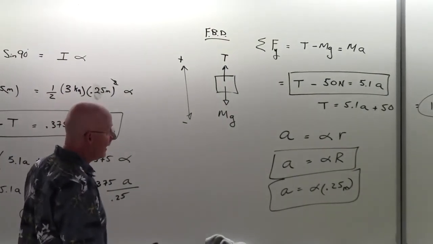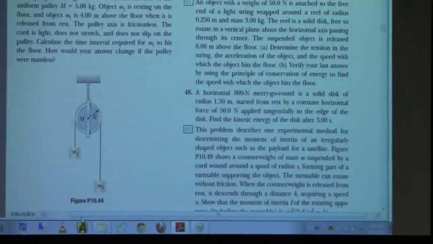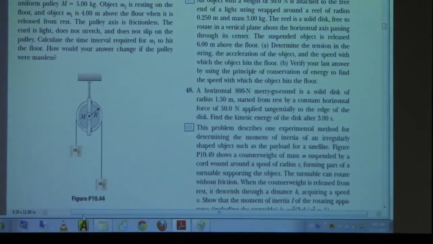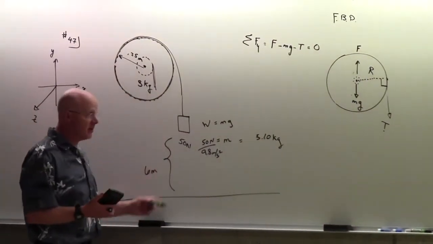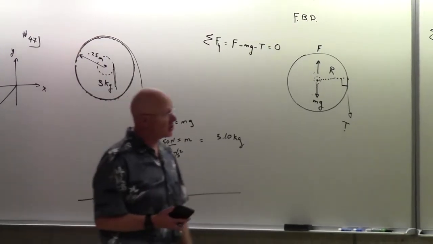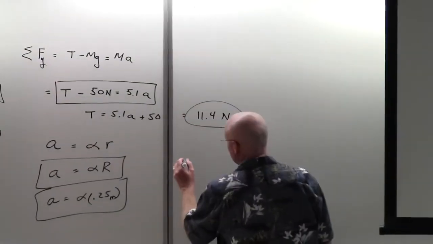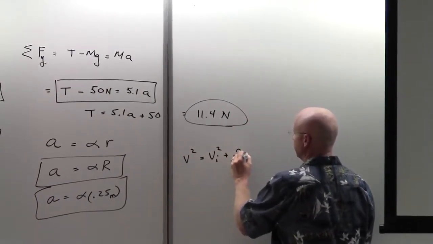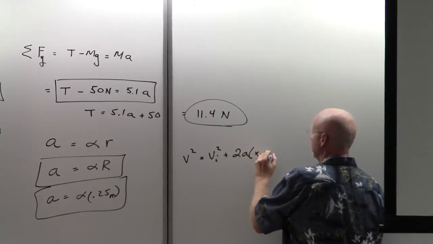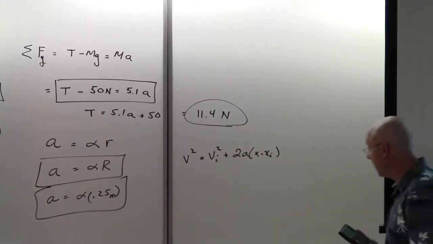And so there is the 11.4. And then, what was the third part of this question? Or what is the speed of it? Well, the speed of it, we know it goes down 6 meters, and we know its acceleration. So why don't I use the straight translational kinematics equation of that second object, which is going in a straight line.